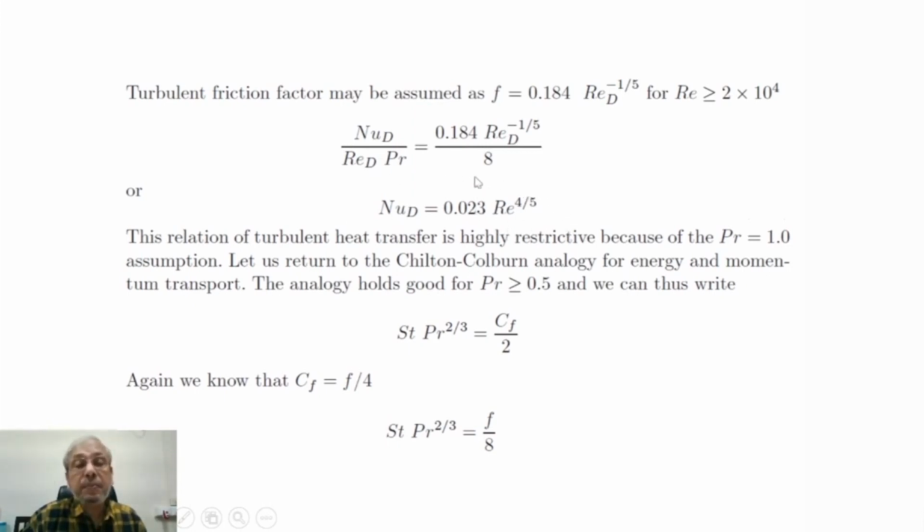This relationship is good enough but has some limitation because we assume Prandtl number equal to 1. So this doesn't reflect any influence of Prandtl number. So in order to do that, we return again to the Chilton-Colburn analogy for energy and momentum transport.